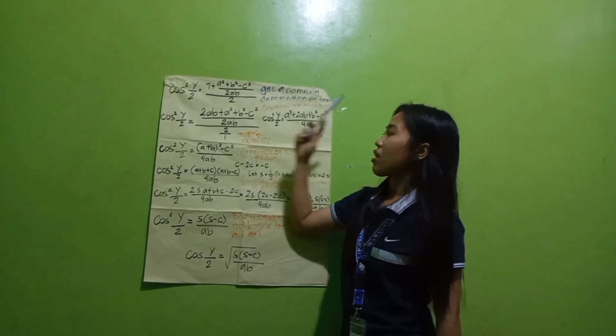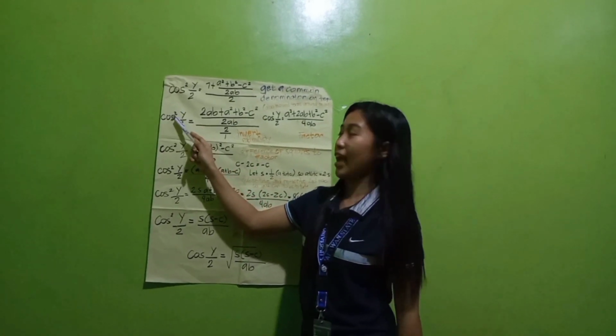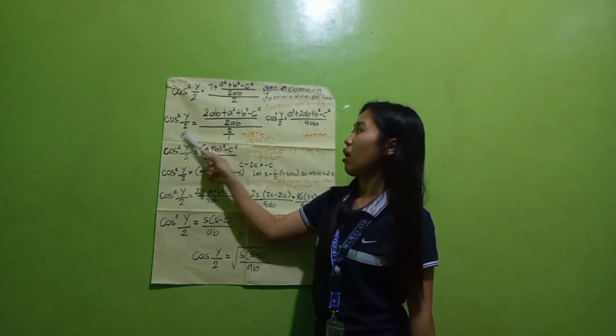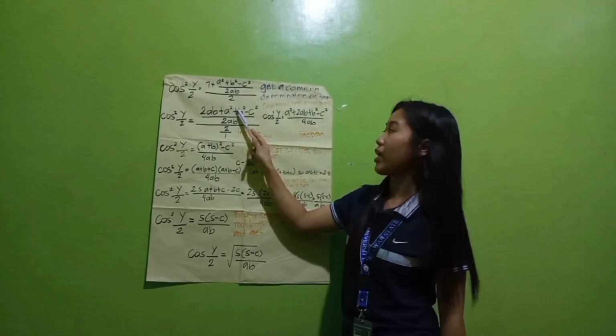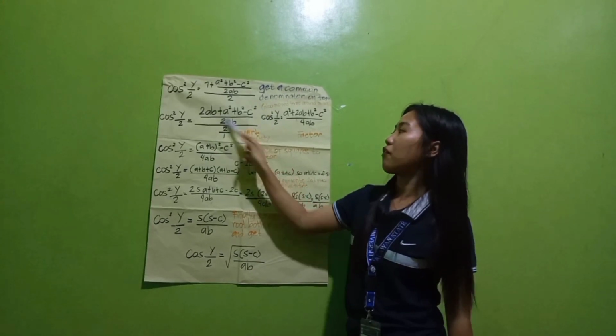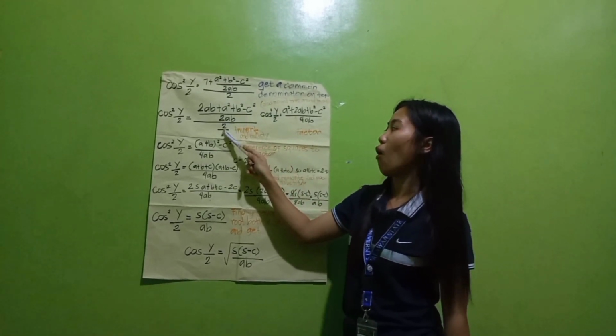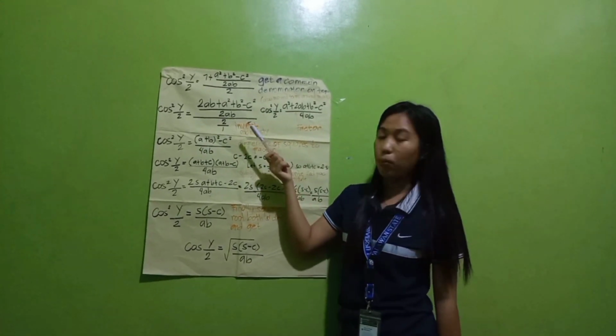cosine squared gamma over 2 is equal to (2ab plus a squared plus b squared minus c squared over 2ab) over 2 over 1. So invert and multiply.